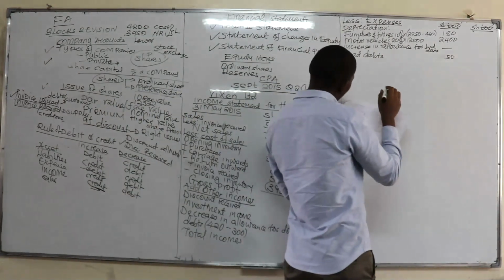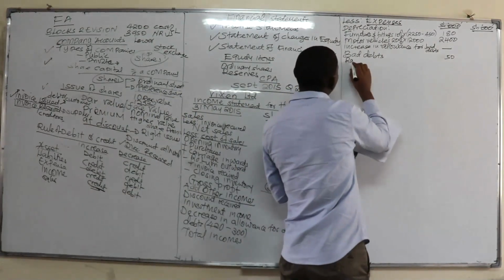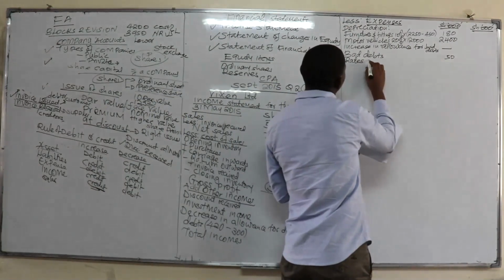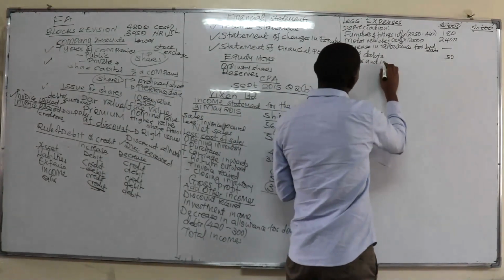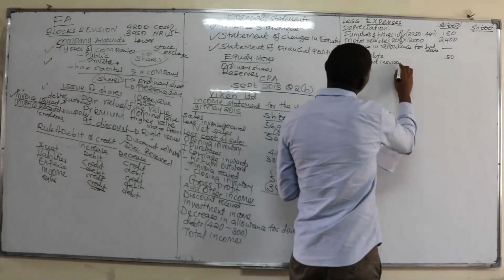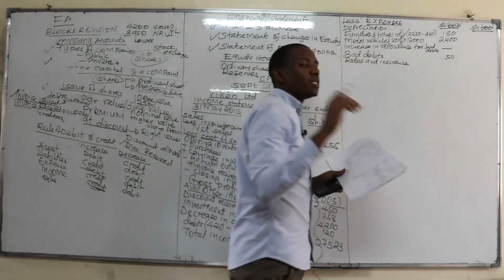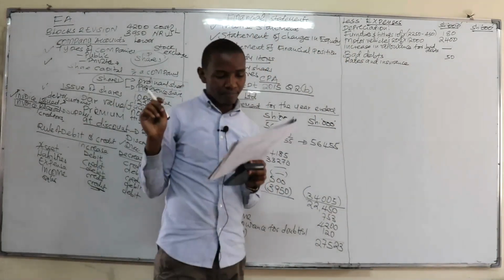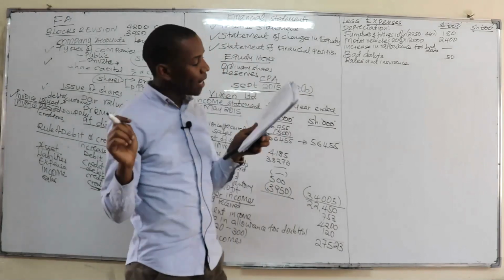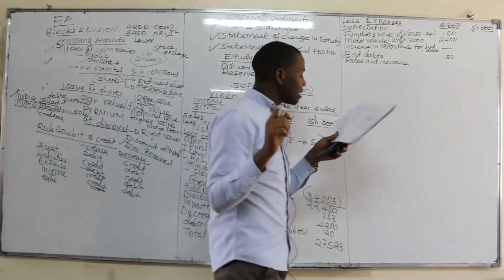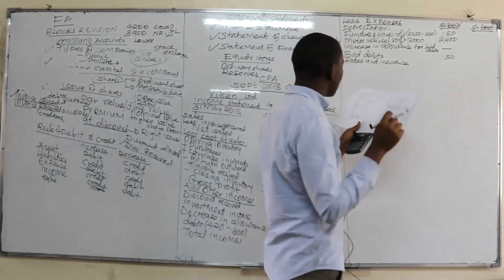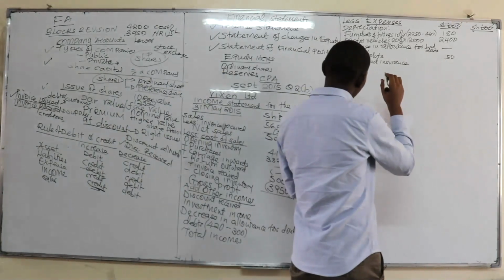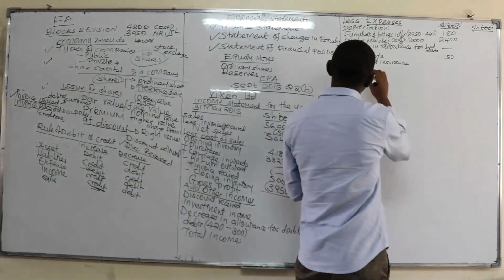Then we also have insurance. Now, from the trial balance, we have it as rates and insurance. Whatever is on the trial balance is what the company paid. So when you check the trial balance, for the rates and insurance, they paid 25.53.